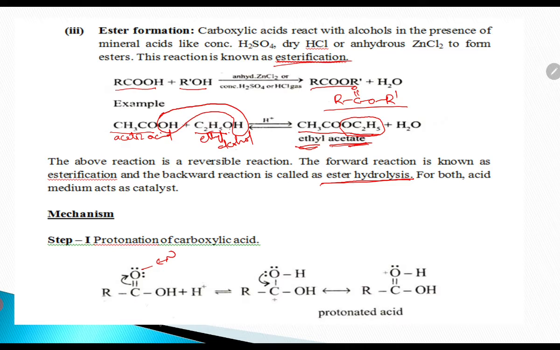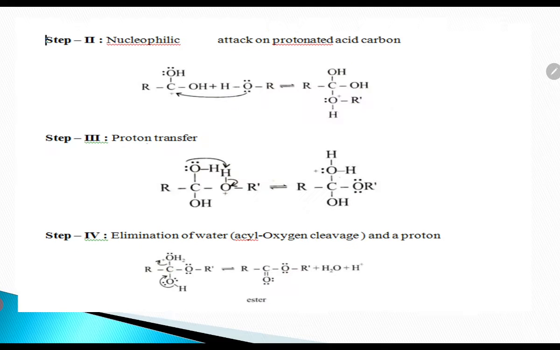It gets a negative charge and abstracts a proton towards itself. This H+ goes and attacks here. Next, the shifting of electrons from the oxygen atom again takes place between oxygen and carbon; that is, a protonated acid is formed in the first step.